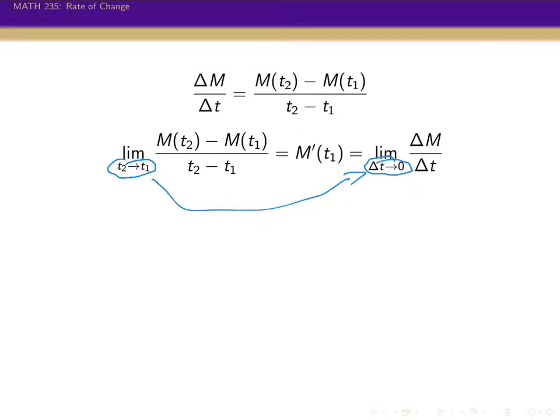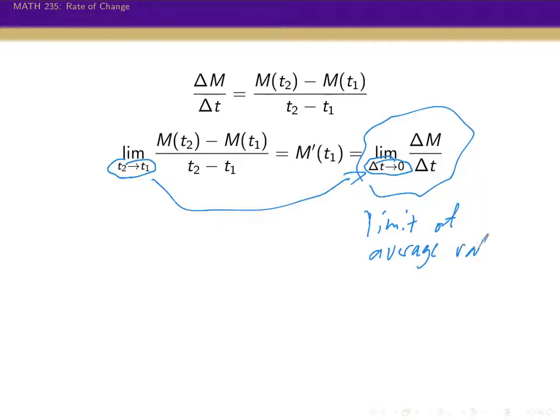And so on this side, this limit right here is much more thinking about a limit of average rates of change as delta t goes to 0.